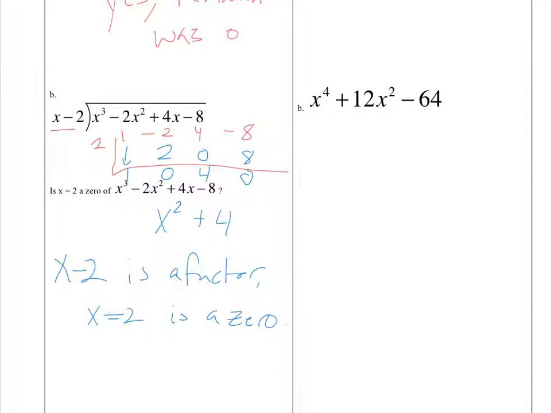In other words, if I plug 2 into this equation, 0 should be the answer. 2 minus 2 is 0, and 0 times whatever this ends up being would always be 0. If I didn't remember, I could plug this in, and 2 cubed minus 2 times 2 squared plus 4 times 2 minus 8 would also be 0. And you can verify that if you'd like.